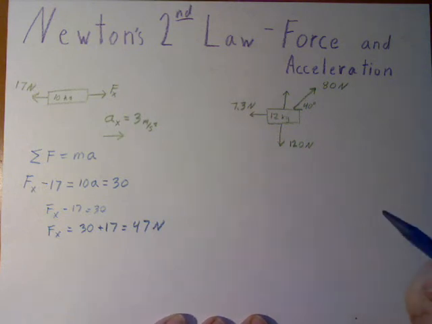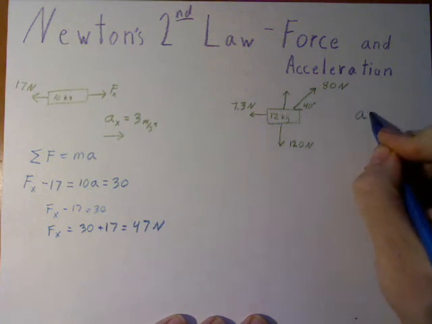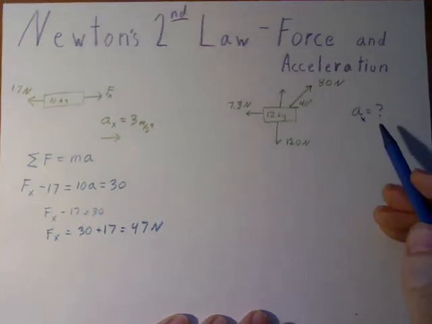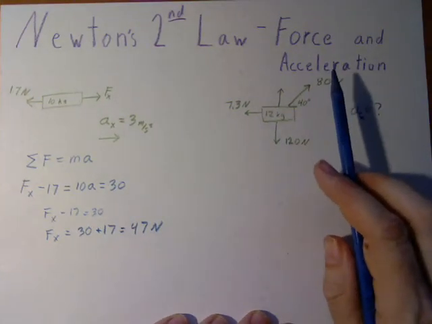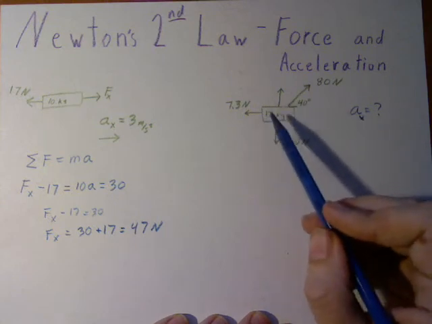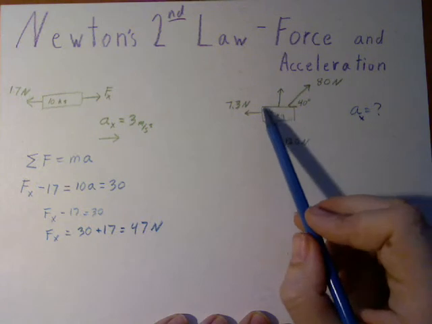In this problem, we don't know the acceleration, and we need to find it. We are going to assume that the horizontal acceleration is 0. Think of this as a sled being pulled across the ground, or a suitcase, or a box.